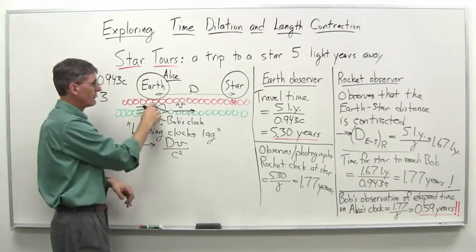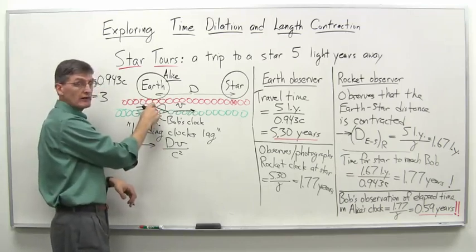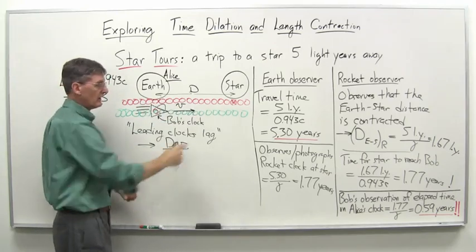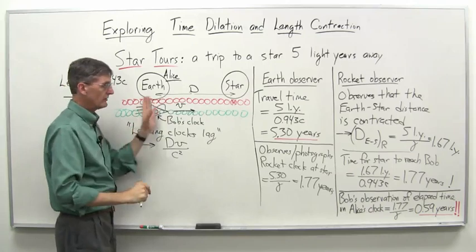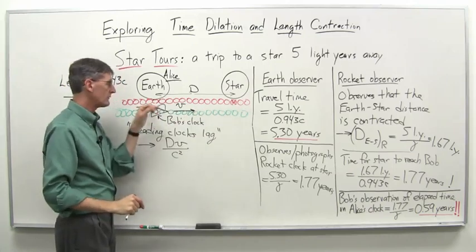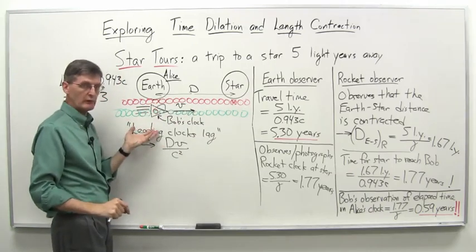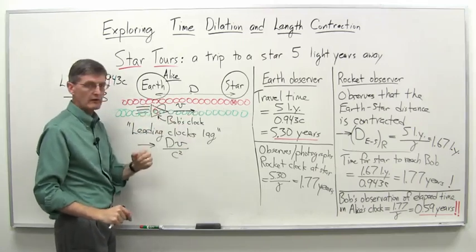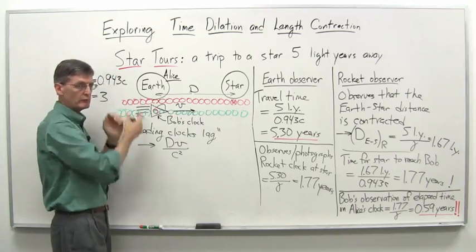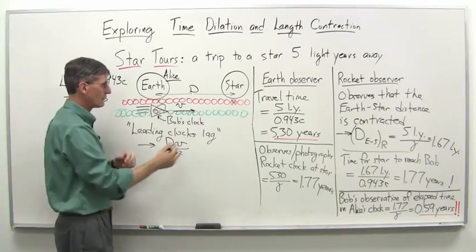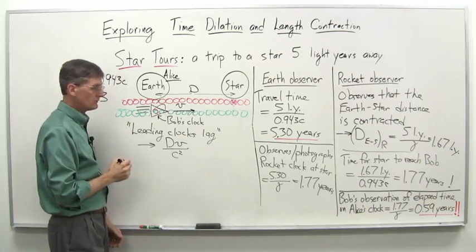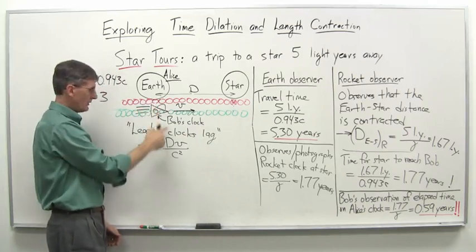In other words, if this is 0, leading clocks lag, so this clock, as it's moving this way, lags this clock. This clock is ahead. Clocks in the rear are running ahead of clocks in the front. Or the way we've been saying, leading clocks lag. The clocks in front lag behind a clock in the rear if you have clocks moving past you. And so this clock right here lags behind this clock by this factor.